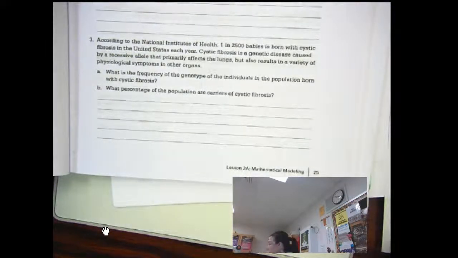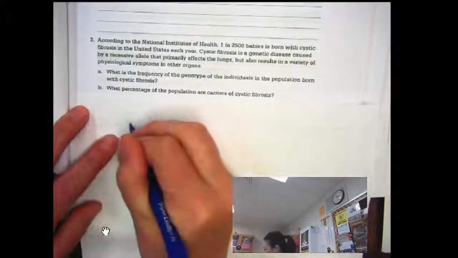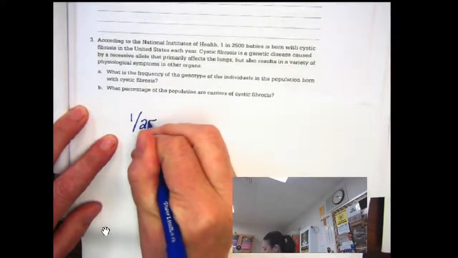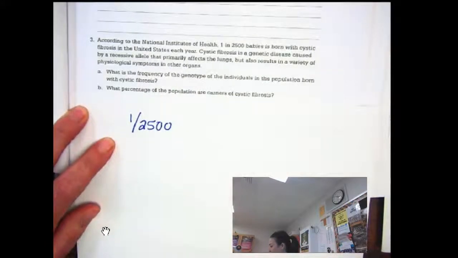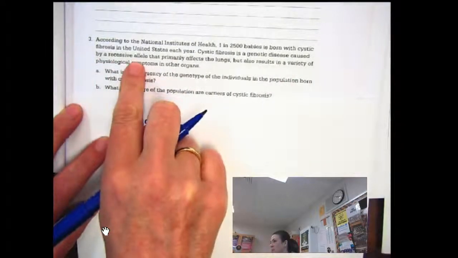Last one for Hardy-Weinberg. I think I gave this to you when I taught it to you, but you probably forgot. 1 in 2,500 babies is born with cystic fibrosis in the U.S. each year. Cystic fibrosis is a genetic disease caused by a recessive allele.